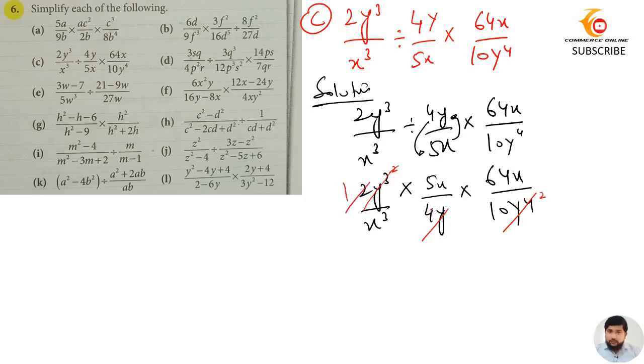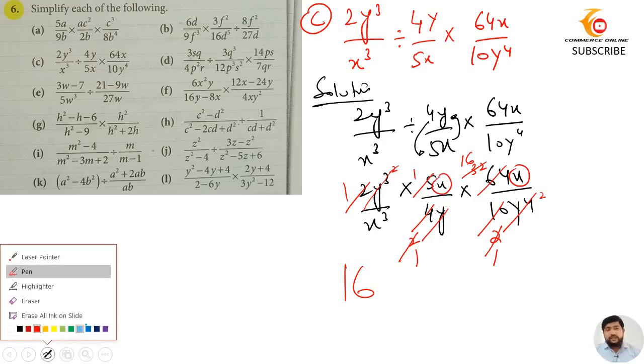And 2 1s are 2, 2 2s are 4. 5 2s are 10 and 5 1s are 5. 2 1s are 2 and that will be 32. 2 1s are 2 and that will be 16. So here the answer will remain 16, and this x also remains.